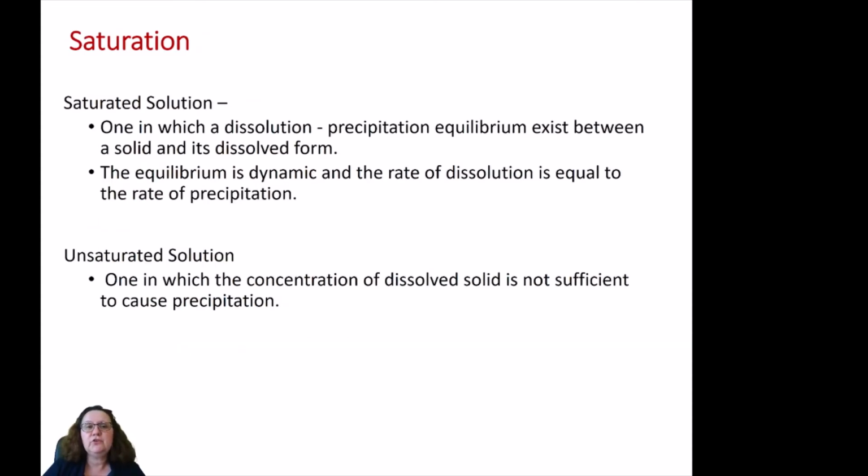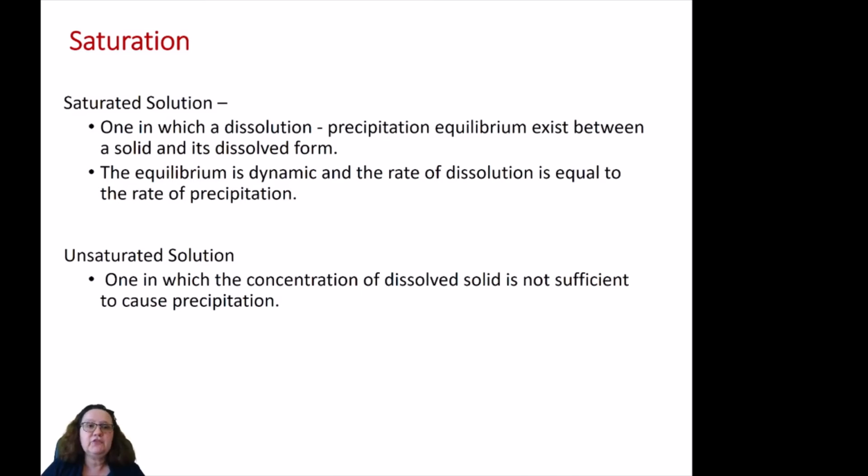Also related to solubility is the concept of saturation. We say a solution is saturated when you have a compound which is dissolved in a solvent, and there is a dissolution-precipitation equilibrium, so there is an equilibrium between the substance in its solid form and its dissolved form.